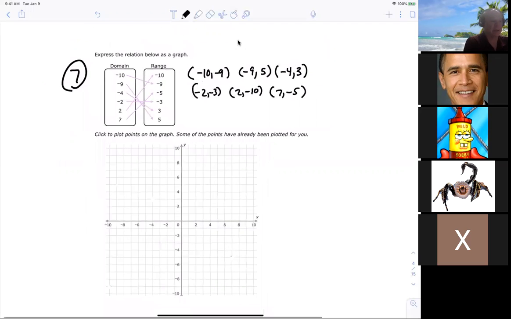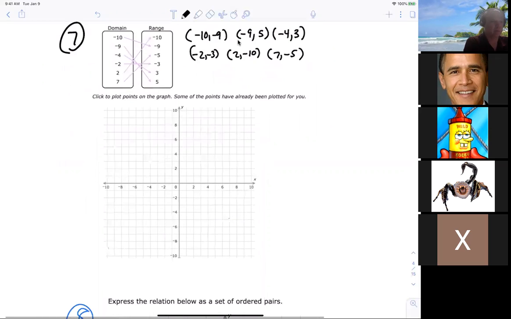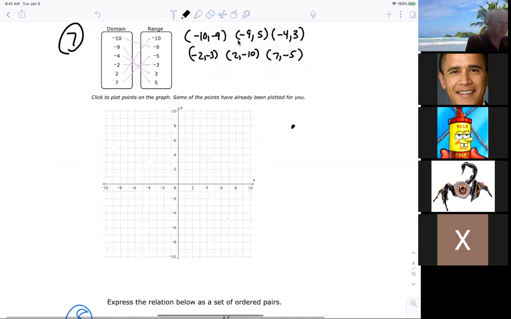In other words, I don't like looking at the mapping because I just never do that. I like just plotting points. All right. So now I have 6 points. I'm just going to put 6 points down and then we're going to graph them together. All right.